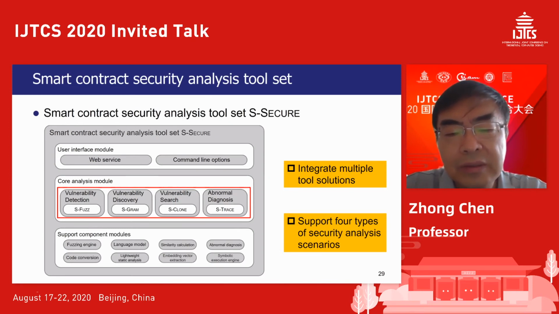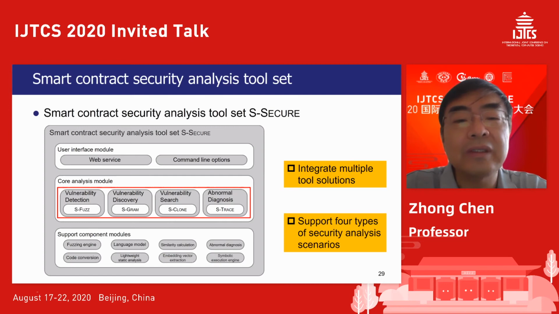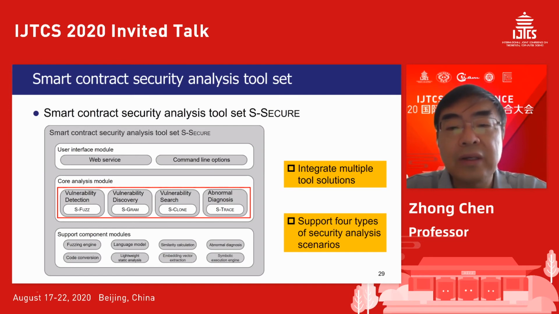similarity calculation, embedded vector extraction, abnormal diagnosis, and symbolic execution engine. So with such support component models, we build the core analysis model. This tool set is quite easy to use and user-friendly. It provides a user interface model, which is web service based, and also provides command line options.